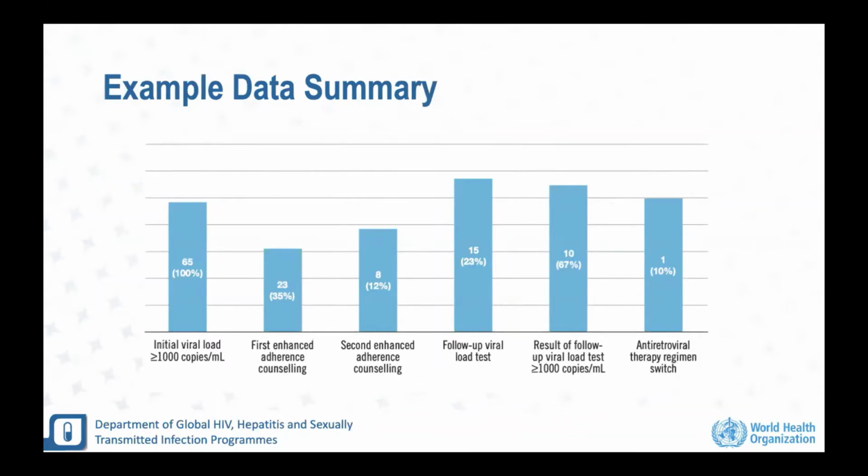So this is an example of how data can be summarized from all of the indicators that I mentioned. So programs can identify core indicators for them on how they want to monitor their program.